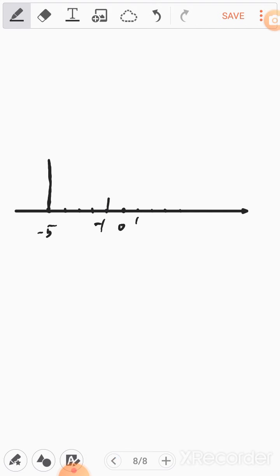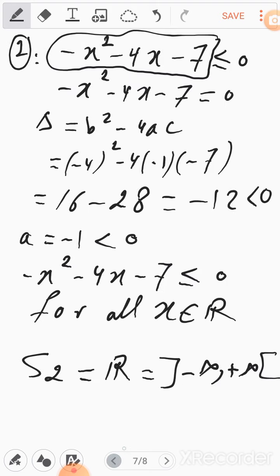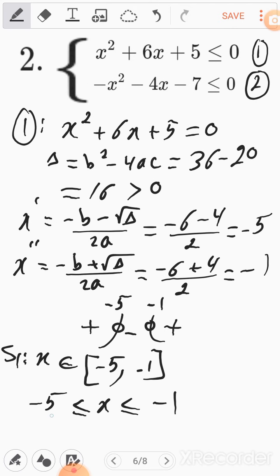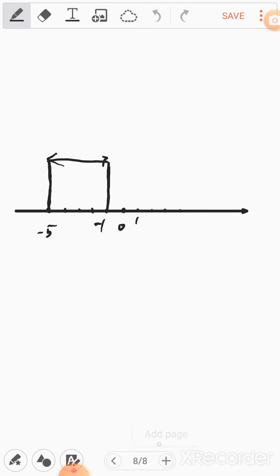This is the first solution, from minus 5 to minus 1, closed on minus 5 and minus 1. The vertical line is not dotted, it is a complete line.